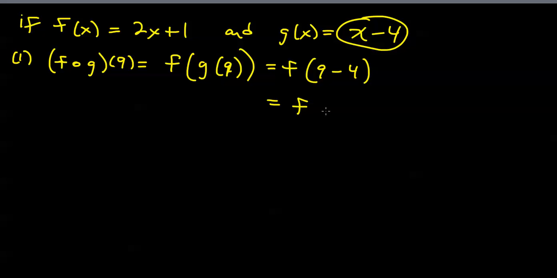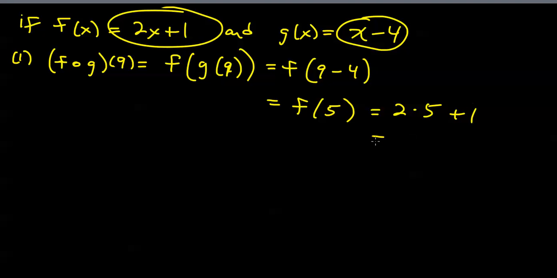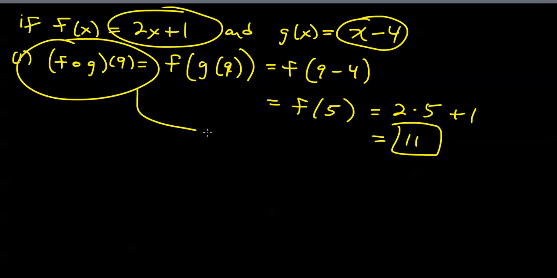Well, of course, 9 minus 4 is 5. So once I evaluate g at 9, that output becomes the input for f of x. So f of 5, of course, is going to be 2 times 5 plus 1. That's 10 plus 1 equals 11. Okay? So that's f of g of 9 equals 11.